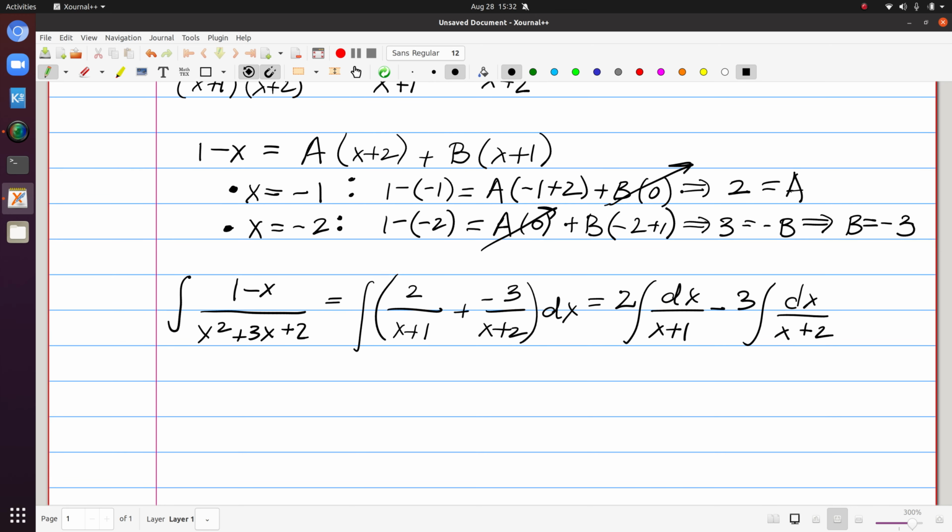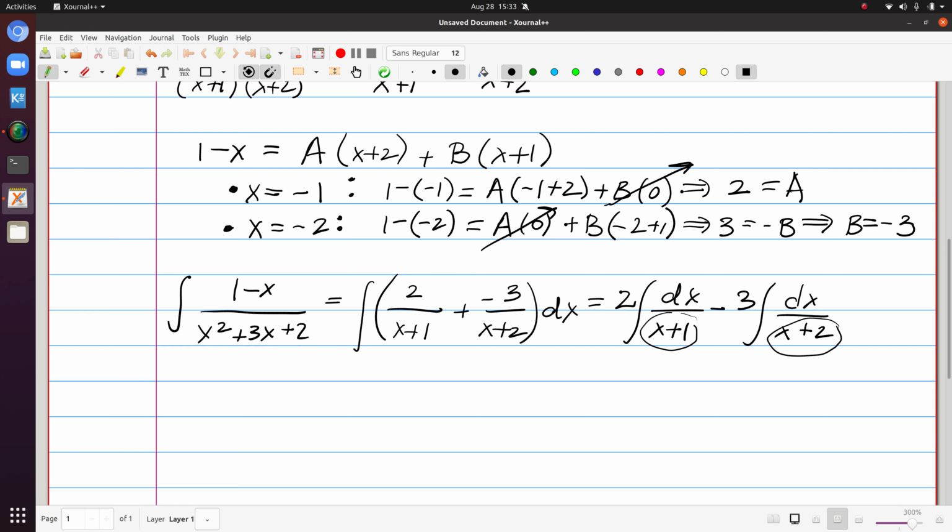I'll point out that technically you could do a u substitution on these integrals where you let u equal the denominator. Because we are always looking at linear factors, we would end up with a natural log function. Importantly, if we had a quadratic, that wouldn't necessarily be the case by any means. Consider 1 over 1 plus x squared, whose integral yields arctangent. But we're always going to have linear factors.